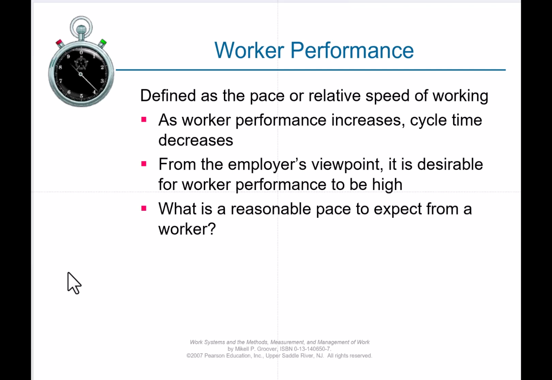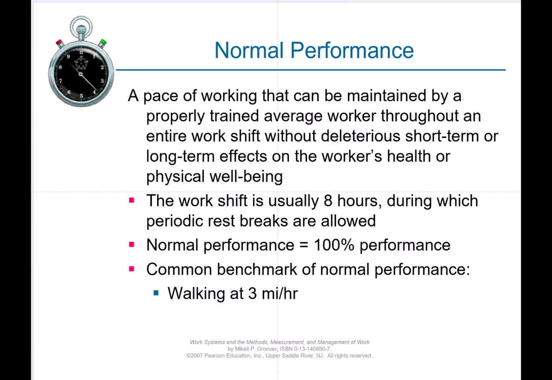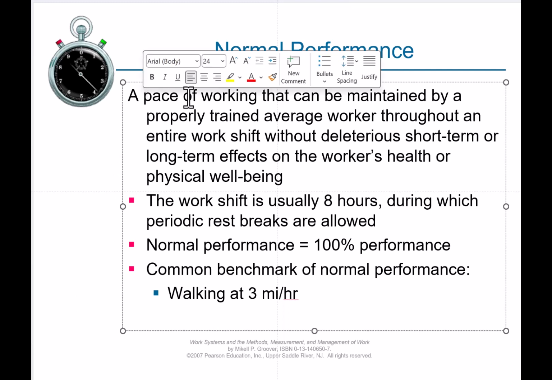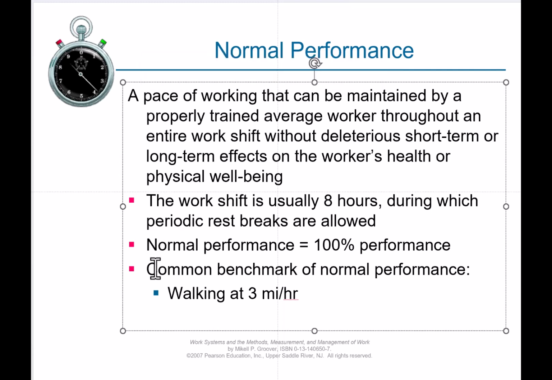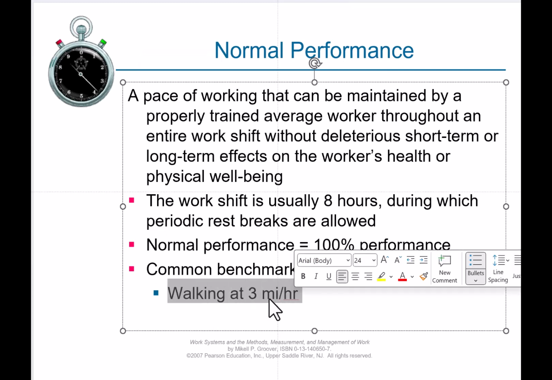But then you're going to be able to distinguish which people are really above their performance. And then we're going to see what the benchmarks are to evaluate when we call a person above or below their performance. So for normal performance, we're going to put an example such as walking 3 miles per hour.